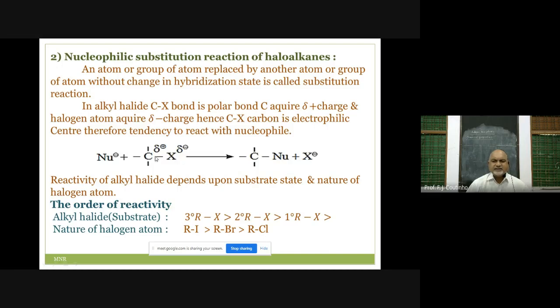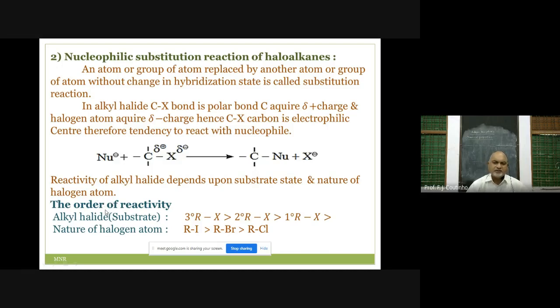And hence, this carbon attached to the halogen is an electrophilic center. Therefore, there is a tendency to react with this nucleophile. And that's why this bond is broken and a new bond is formed between carbon and the nucleophile. So the reactivity of alkyl halide depends upon the substrate and the nature of the halogen atom. When I say nature of the halogen: chlorine, bromine, iodine.